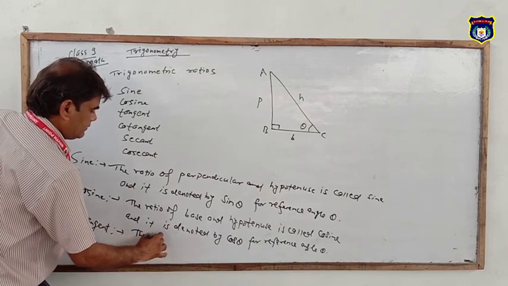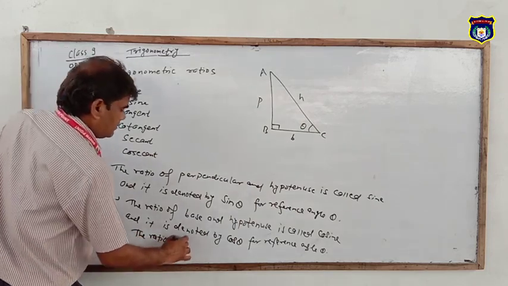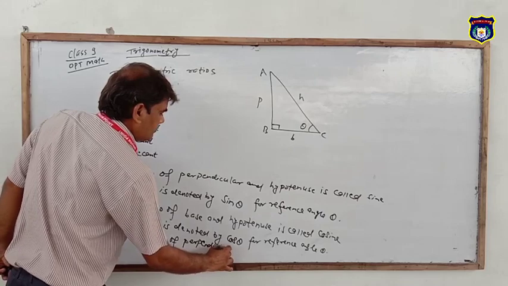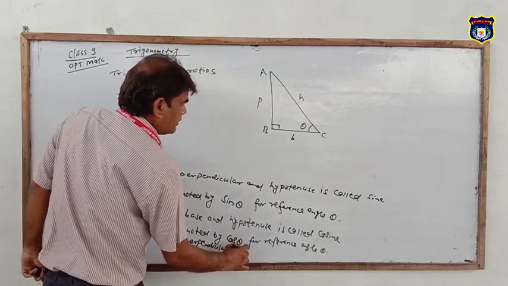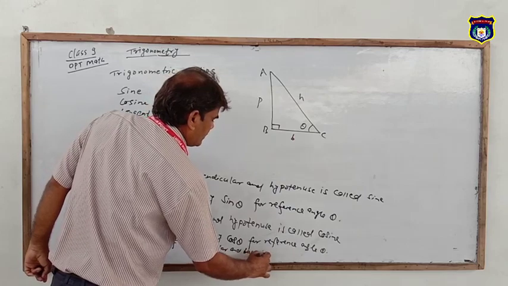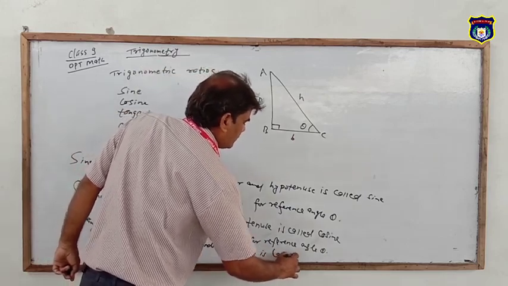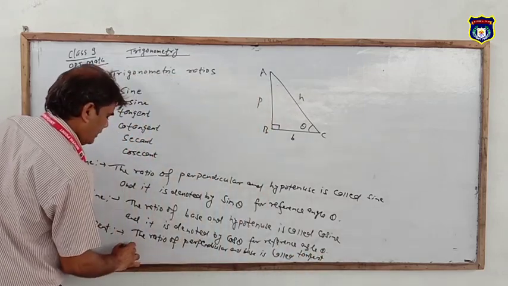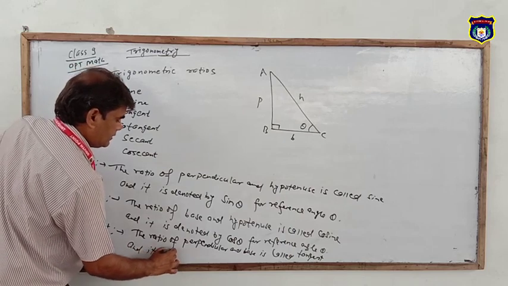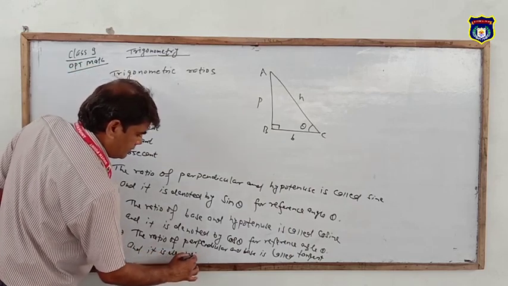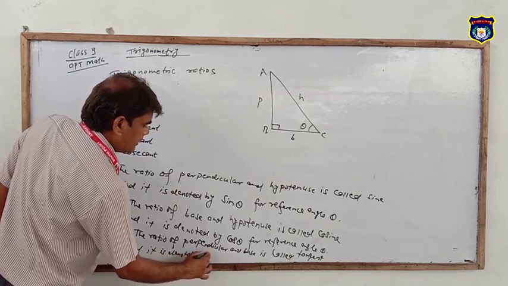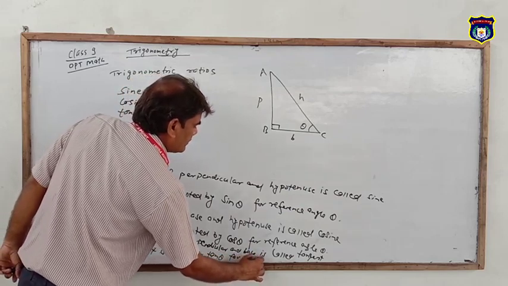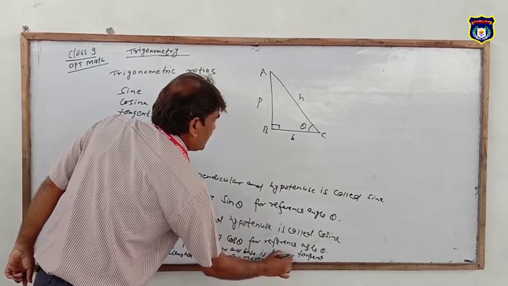The ratio of perpendicular and base is called tangent, and it is denoted by tan theta for reference angle theta.